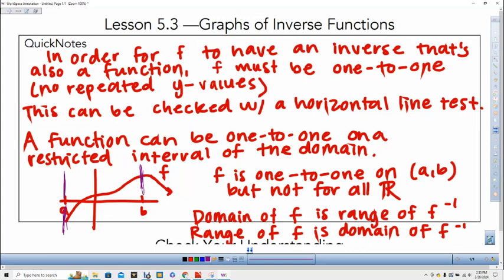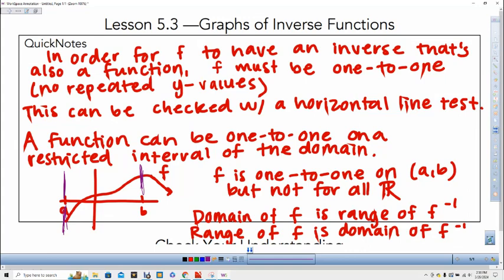Therefore, not only is it a function f, but its inverse will also be a function. So f is 1 to 1 on the open interval from A to B, but it is not 1 to 1 for all real numbers.